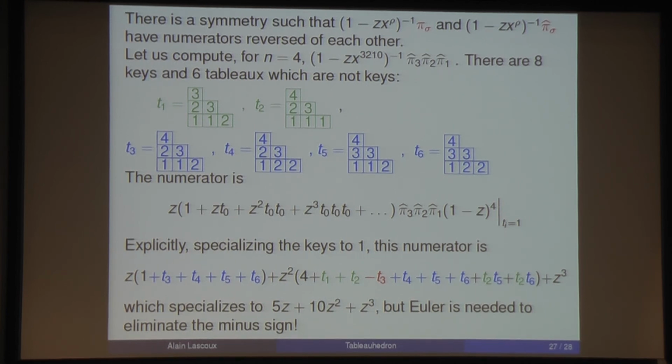So there's no mystery in all that I've done. I've used only jeu de taquin and pi operators on tableaux. Nevertheless, there is still work to do, which I didn't do.